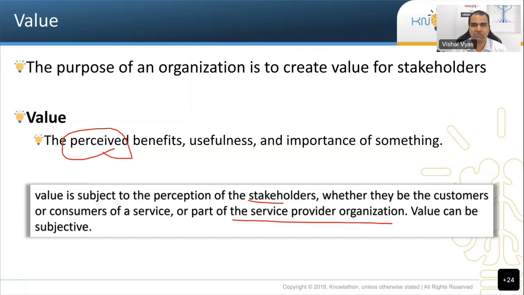Let me give you one example. I am sure you all will be able to guess the name of the company. There was a company 25 years back in India who used to proudly claim that we are a product company, we are a development company. They developed one of the most popular products for banks, a core banking product.